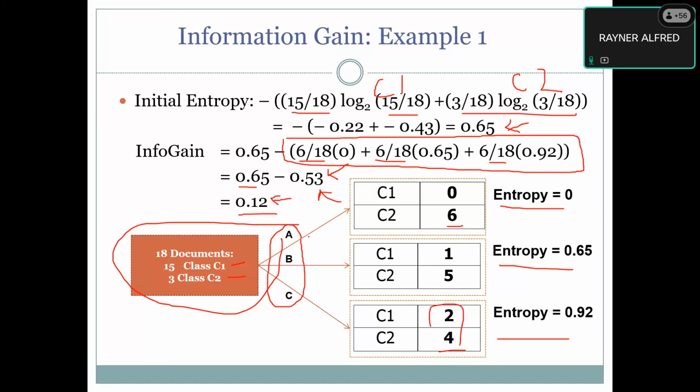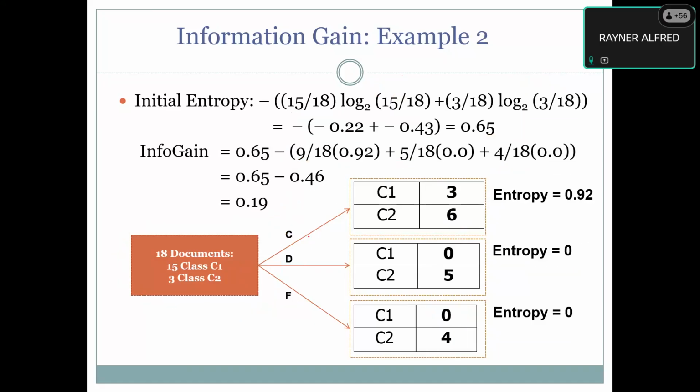Let's suppose I have the keywords C, D, F, and now my partition will be different. Based on the formula, we know that the entropy is 0 for this one, and for this one is 0.92. Is it 0.92? I think it's 0.1.